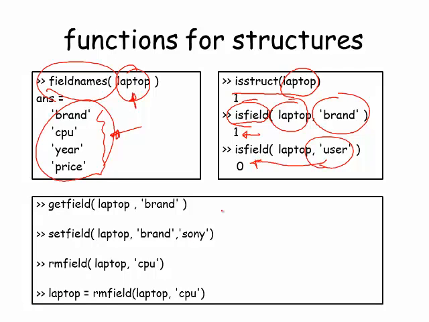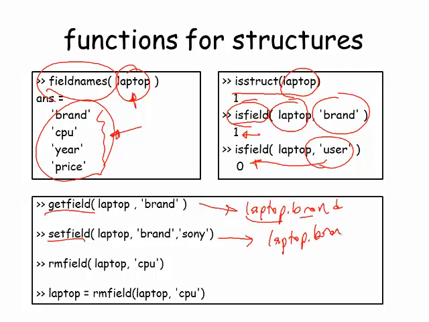Instead of using the dot operator, you can use getfield and setfield functions. So getfield is equivalent to saying laptop.brand. So get me the brand of this laptop. And setfield is equivalent to saying laptop.brand equals Sony. Actually, there's a little difference. When you call a function, you are not really changing your variable.